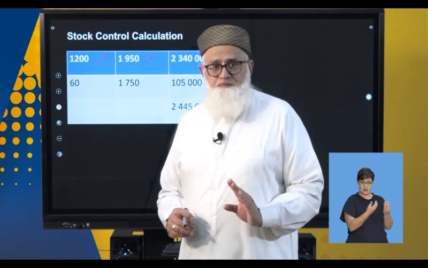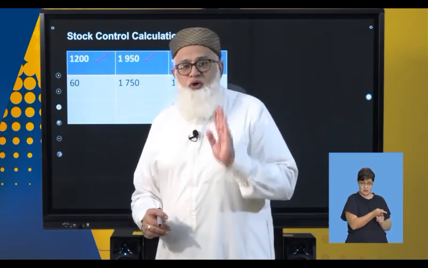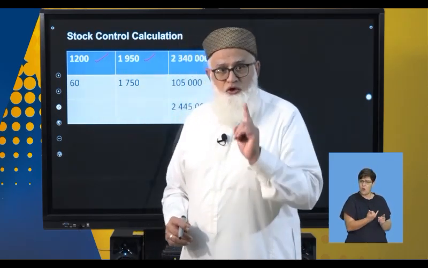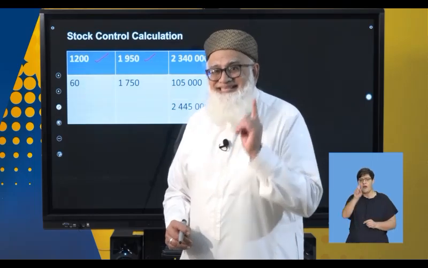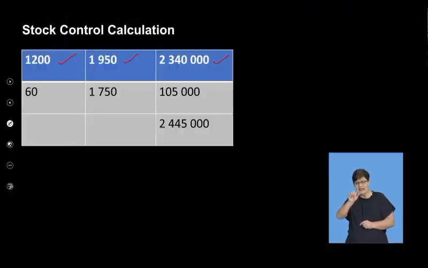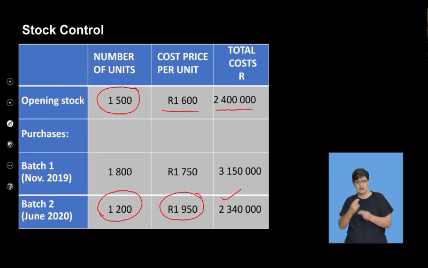But remember, we have to account for 1,260 units. In other words, we've already taken these 1,200 units into account. Clear? So now what do we do? Look at my table once again. Bottom up, you go from there to the next item. Here, you're stopping at batch number 1 now.